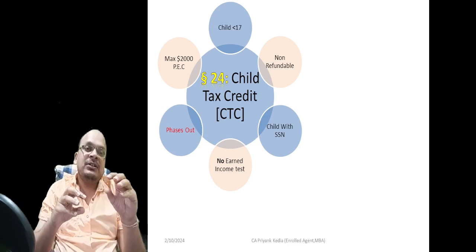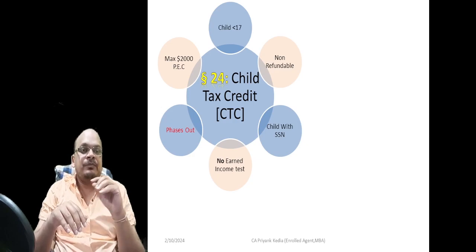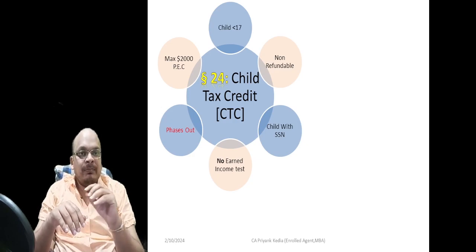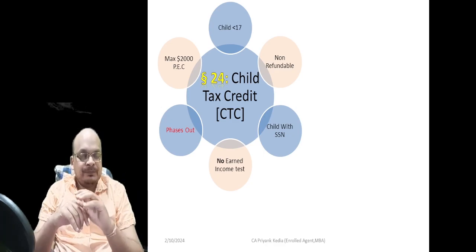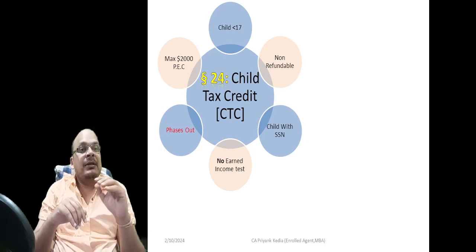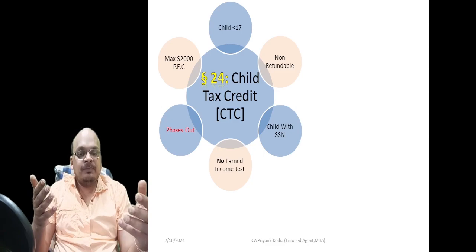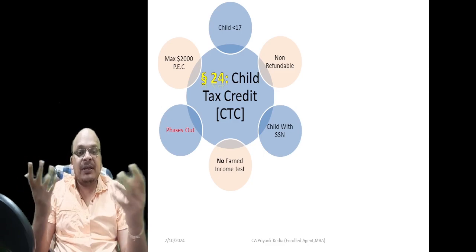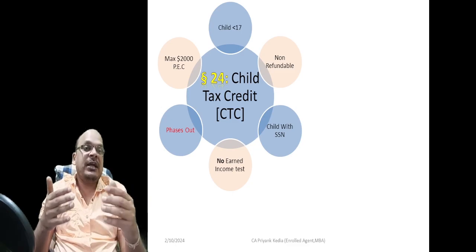For example, the child against whom the credit is being claimed should be under 17 years of age by the end of the relevant tax year, and he should have a valid social security number, right? Then this credit is non-refundable, as we have been discussing since even the first slide, right? And there is no earned income test for that particular taxpayer.